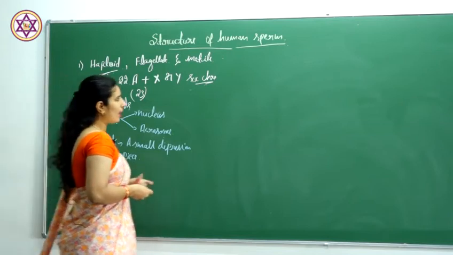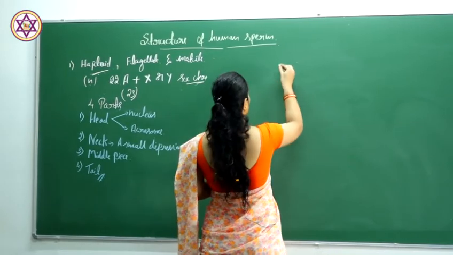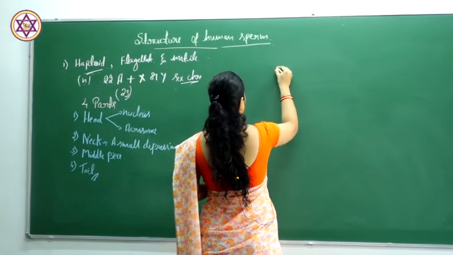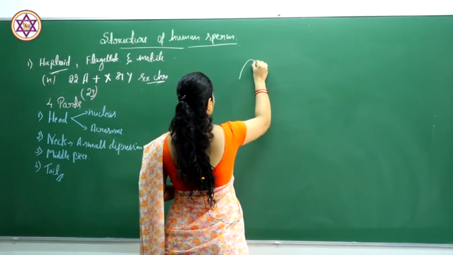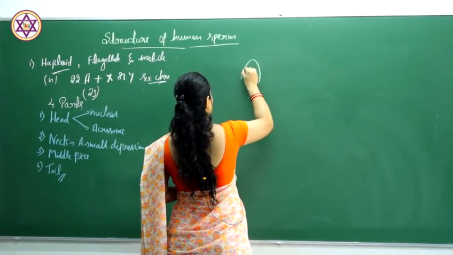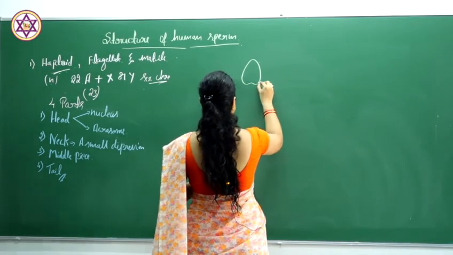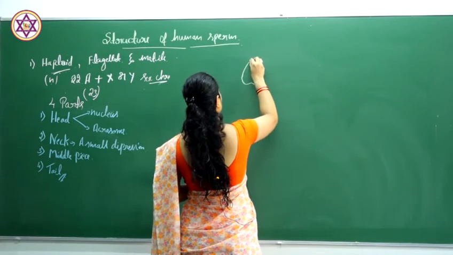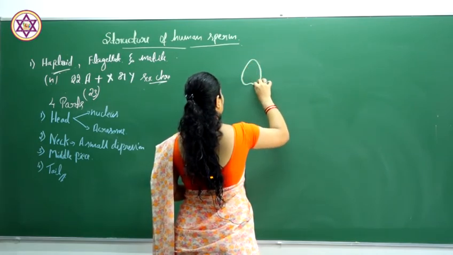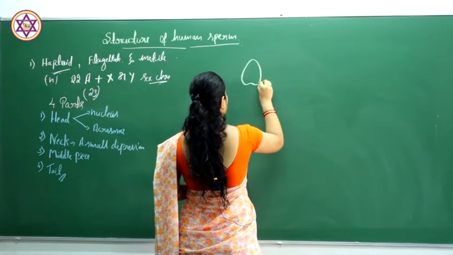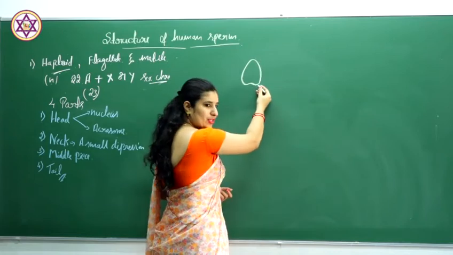So let's draw the diagram. Consider this is the nucleus part, which is pointed at the anterior end. This is the anterior end, this is the posterior end.